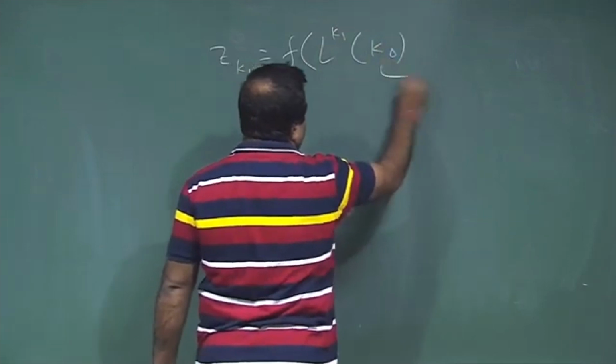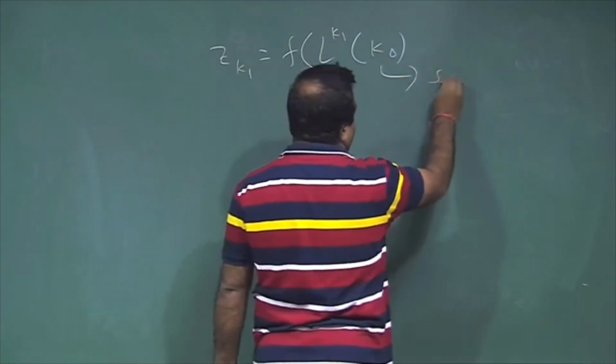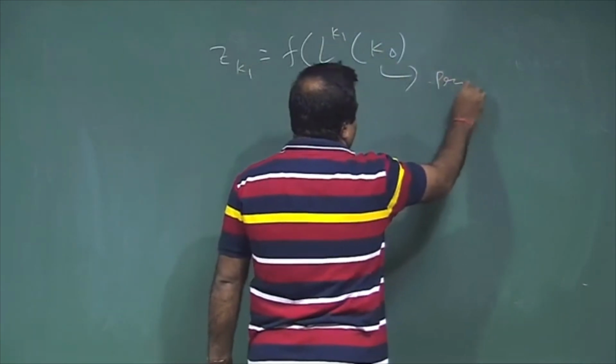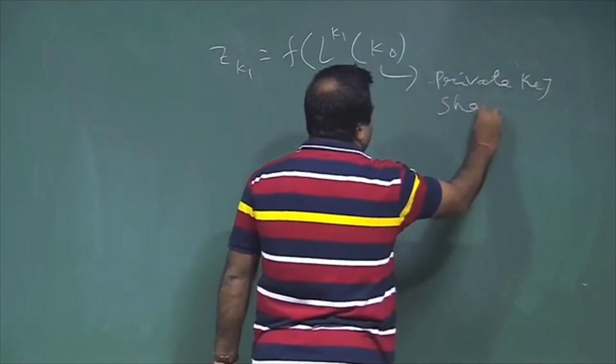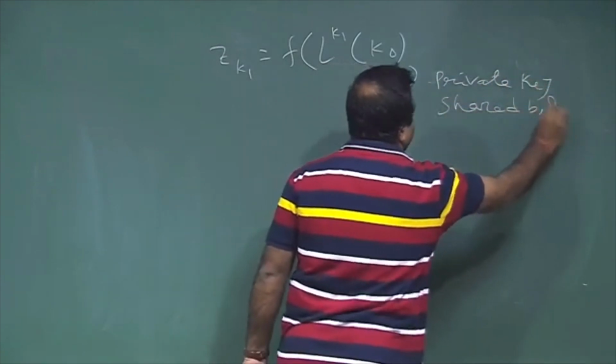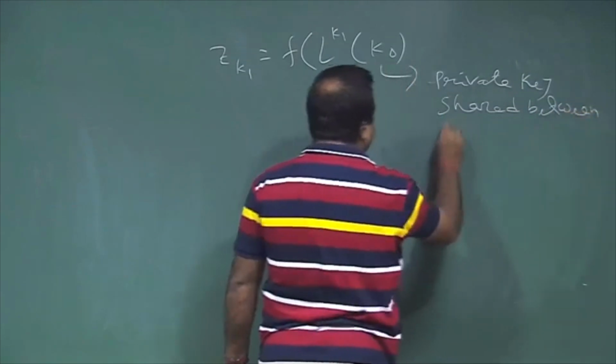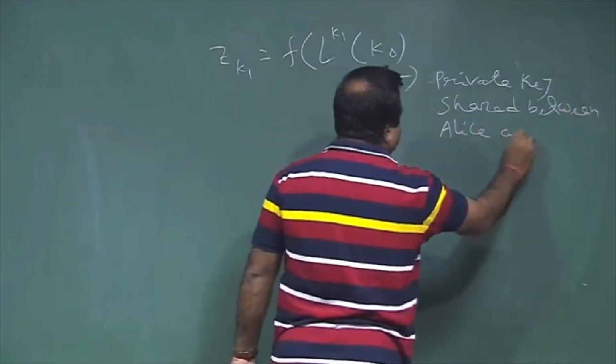This k0 is the secret key, the private key shared between Alice and Bob.